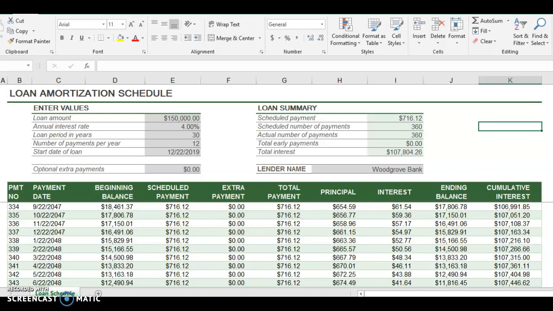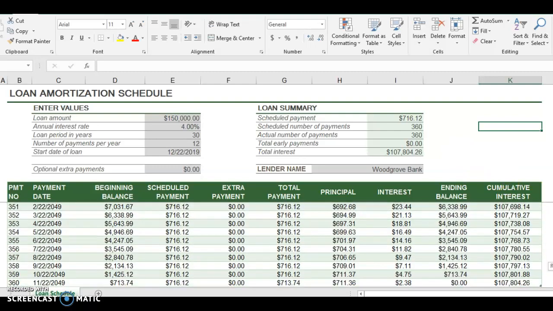Again, this is a great activity for kids to realize what a loan schedule looks like, what the word amortization means, and how much really throughout the life of this loan we pay in interest.